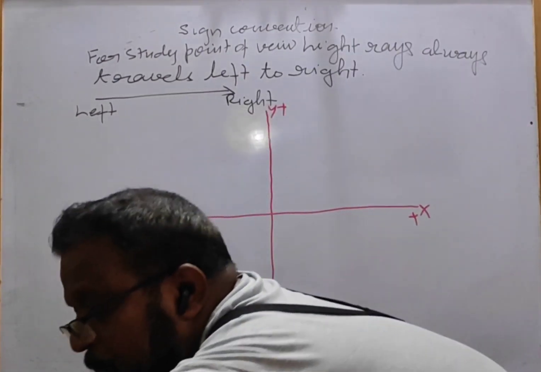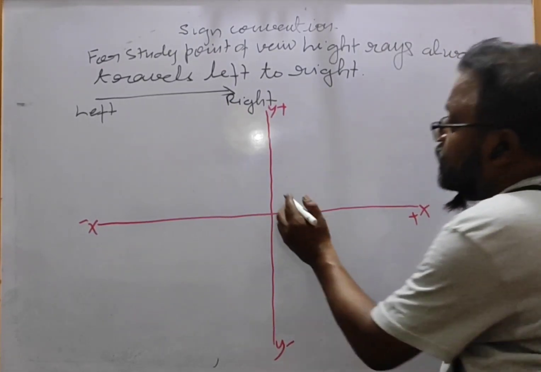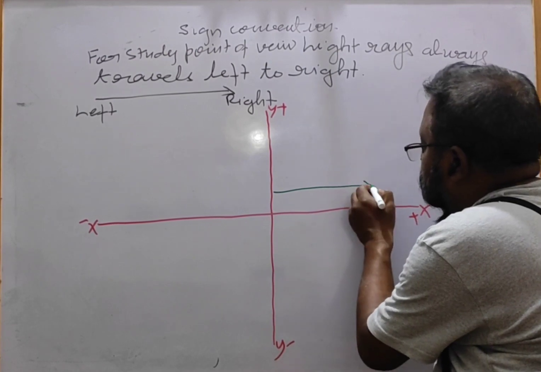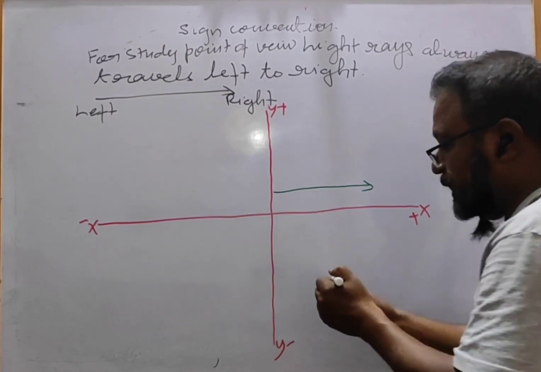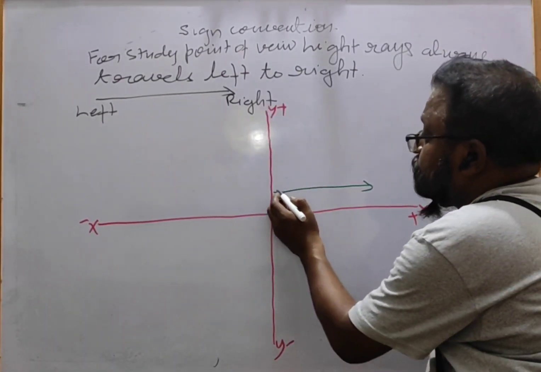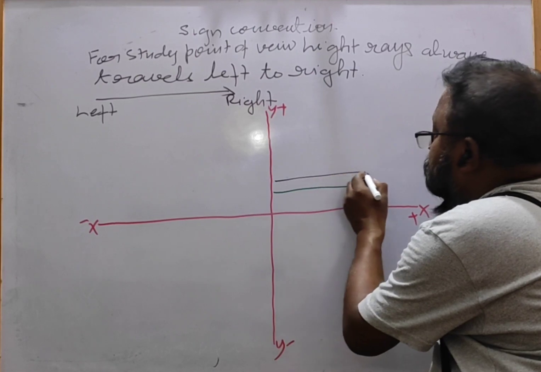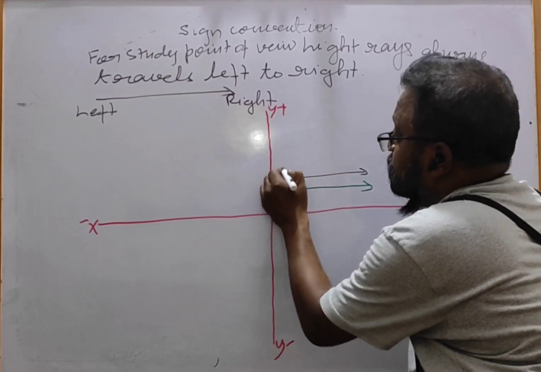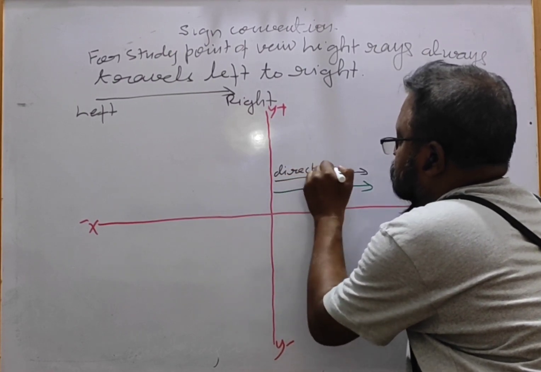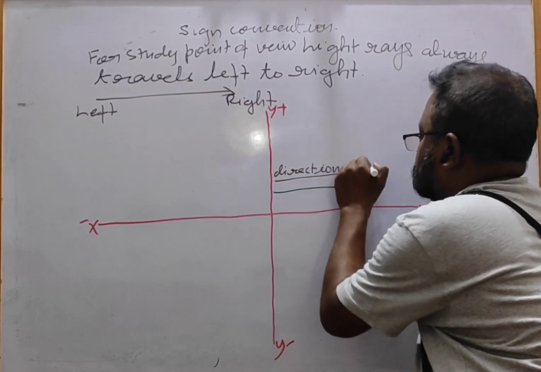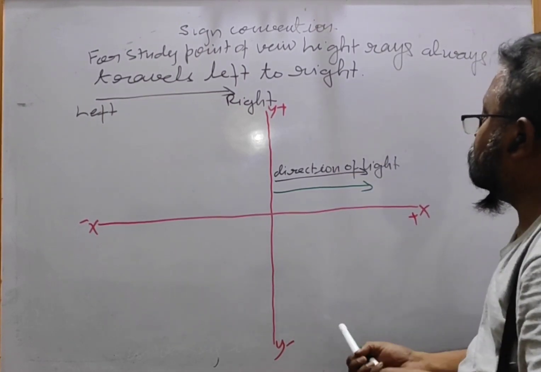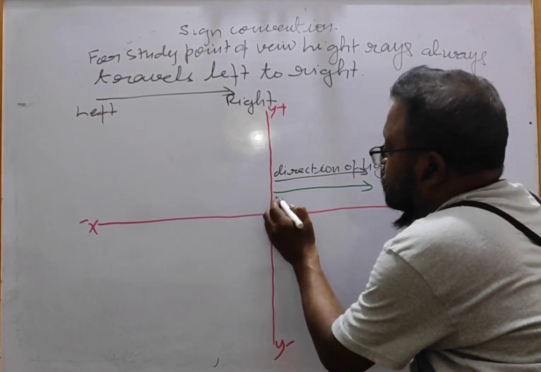So when we are measuring distance, if your light is traveling in this direction, this is the direction of light, and this is the direction of measurement.